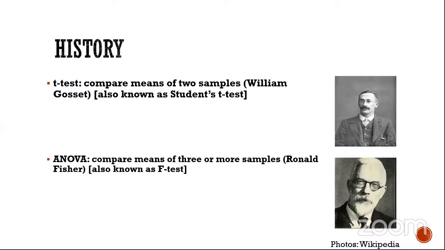So at a time in a t-test, you can compare only 2 variables. But in ANOVA, you can have 3 or more samples. ANOVA was developed by Ronald Fisher, and because of the surname Fisher, this test is also known as the F test.